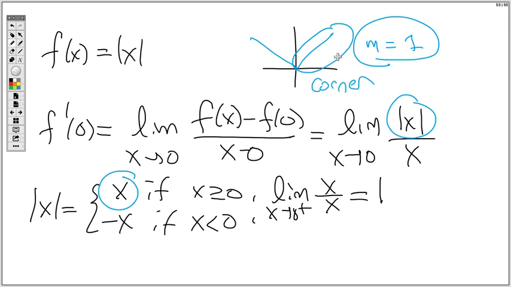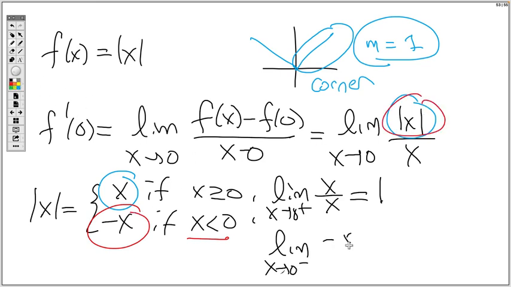You with me or not? If I come into 0 from the left, I'm plugging in things less than 0, so my absolute value of x is going to be the opposite of x.